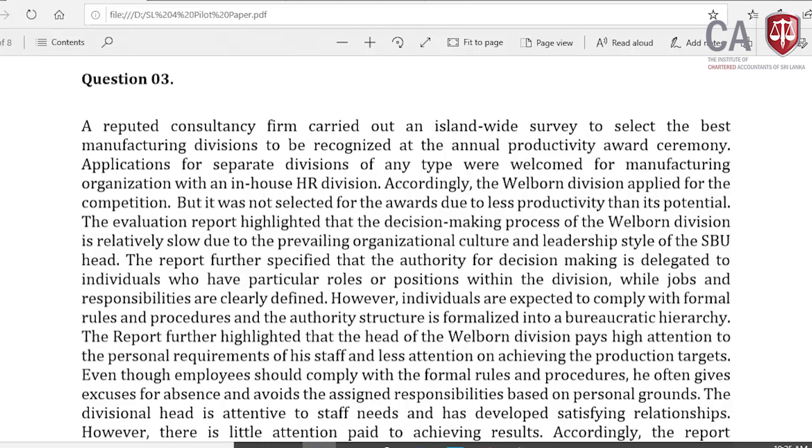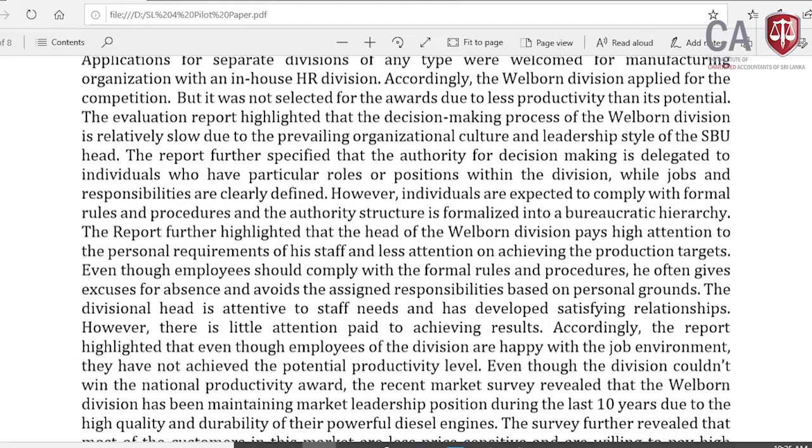The evaluation report highlighted that the decision making process of a well-born division is relatively slow. They have evaluated and they have identified some problem associated with well-born divisions. What are the problems?